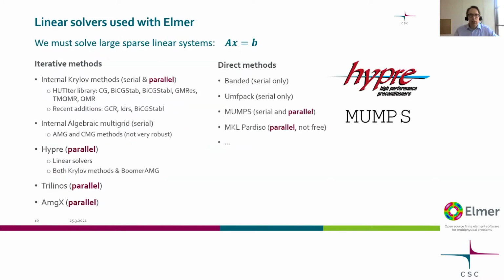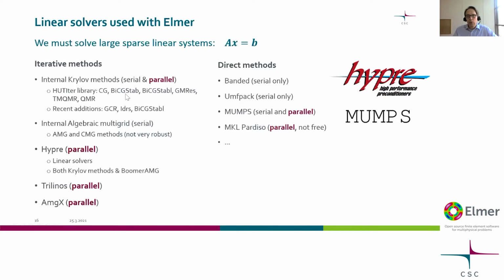The linear solvers that can be used with Elmer can be divided into those that come with Elmer. Since the dawn of Elmer, we have the Hutiter library that comes with basic Krylov methods, and during the past few years we have added some additional methods like GCR, IDRS, and BiCGStab(l).